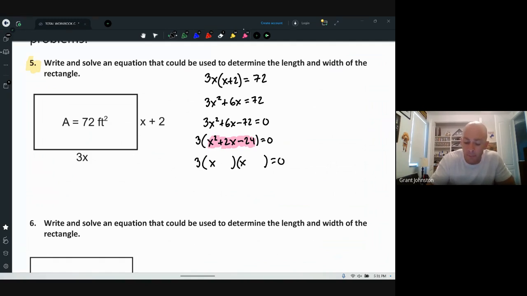That would be positive 6 and negative 4. And then I can set each of those equal to 0. x plus 6 equals 0, x minus 4 equals 0. Subtract 6: x equals negative 6. Add 4: x equals 4.